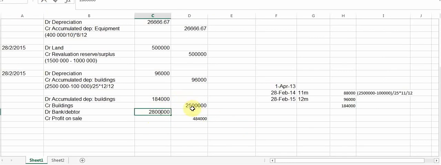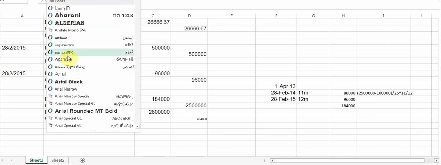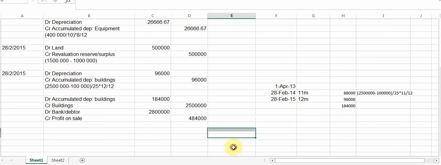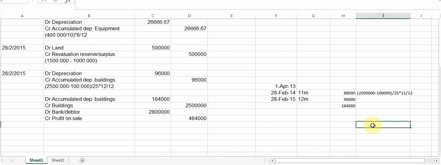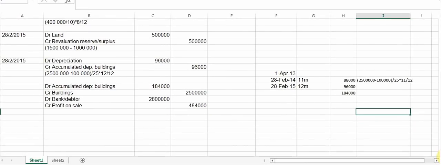And I get that amount to be 484,000 for the sale of the buildings. And there we have then answered the note in terms of the buildings.